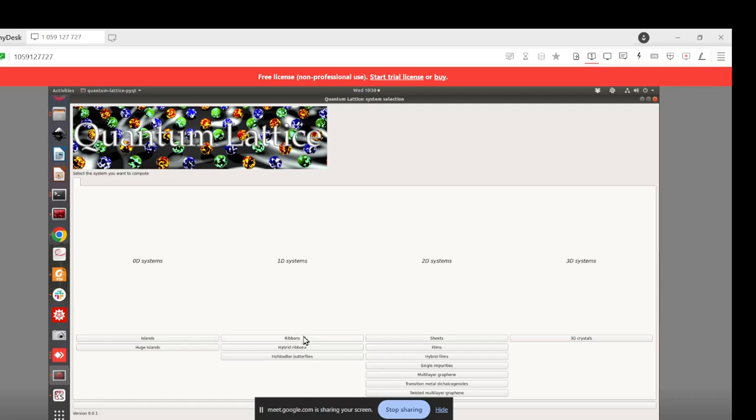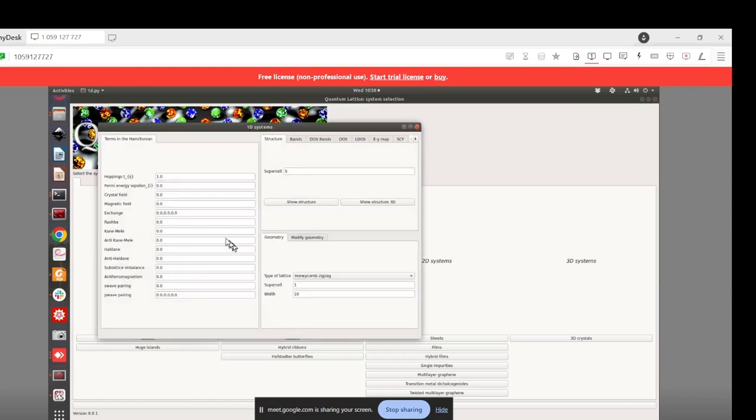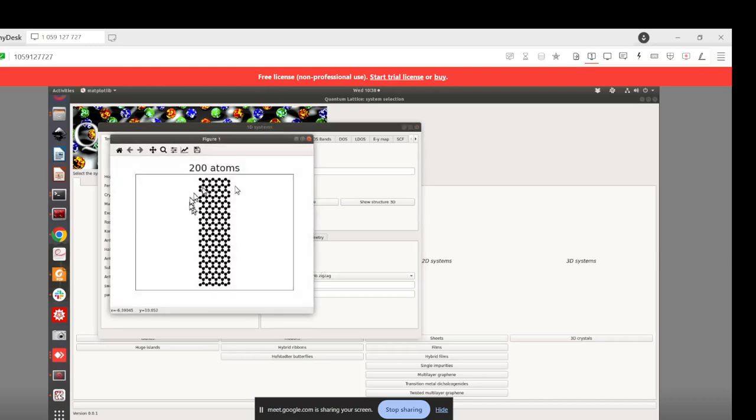We are not necessarily in the bulk where we have an infinite lattice in both x and y directions, but we are interested in a 1D system. Again, this hopping term is just the nearest neighbor hopping term, and we just need to look at Rashba, Kane-Mele term and Haldane model. So just for continuity, let's switch on some Haldane parameter and choose the honeycomb zigzag of the graphene, and this is the structure.